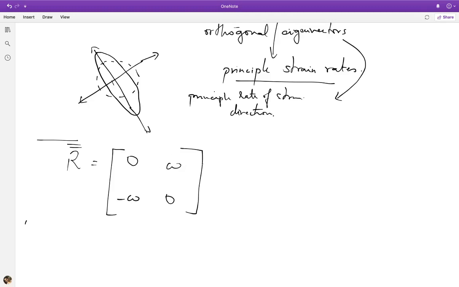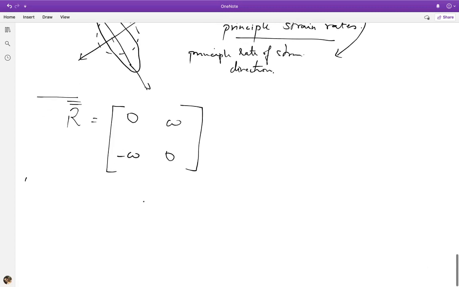And this omega is closely related to the vorticity in 2D up to a multiplicative factor. And that in turn is related to the angular velocity of rotation, and we'll see why that is so.